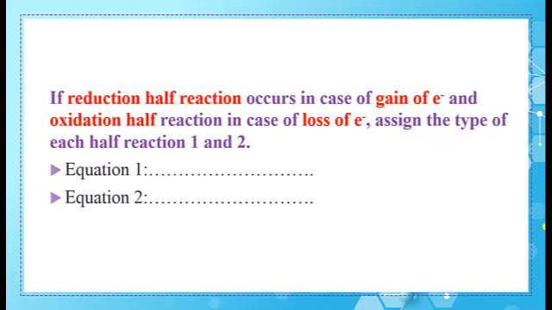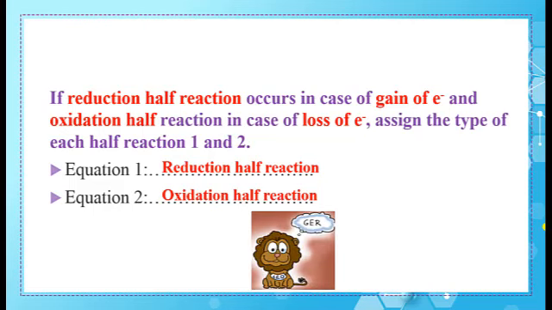Equation 1, which was Ag+ plus 1 electron gives Ag. Since there is gain of electrons, then this is a reduction half reaction. While in equation 2, Cu gives Cu2+ plus 2 electrons. Since there is loss of electrons, then this is an oxidation half reaction.